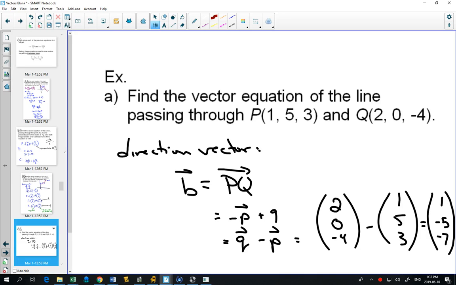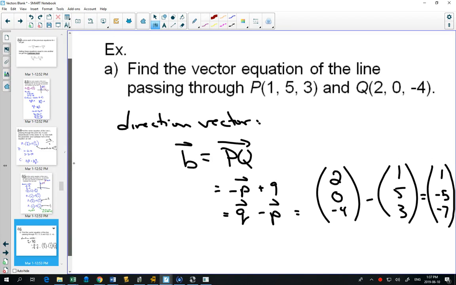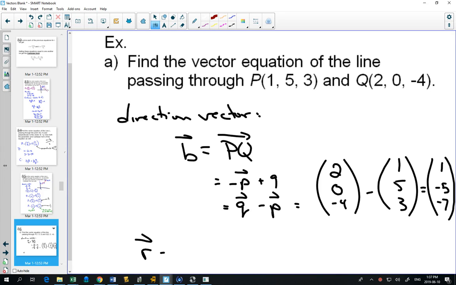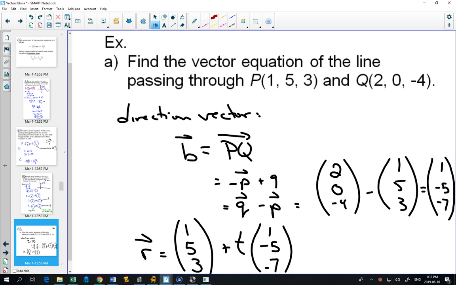There's my direction vector. So my equation of my line, take any point you want, multiply our direction vector by a scalar t. And we've just taken the same concept, and now we're dealing in 3 dimensions.